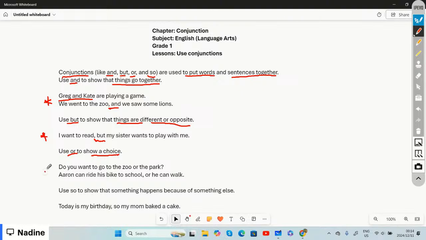And if we look at an example, we can say, do you want to go to the zoo or to the park? So it's like an option. It's either the zoo or it's the park. It's either this or it is that.